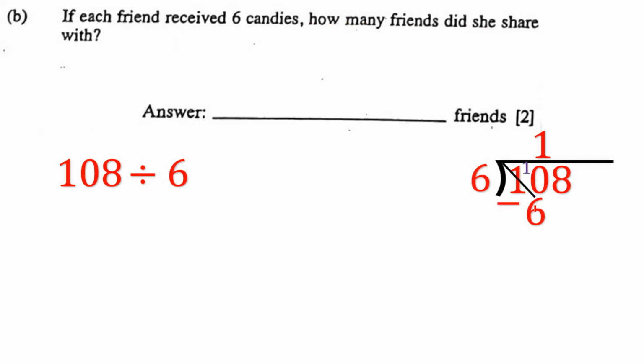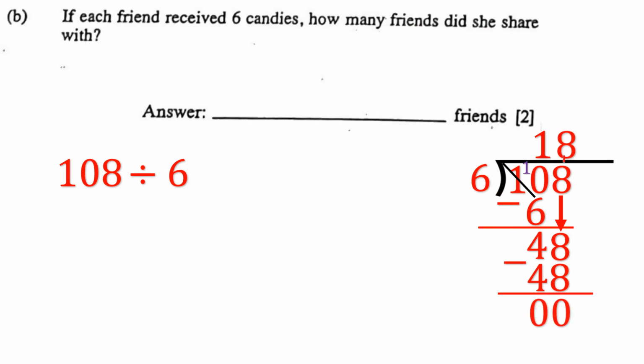And we know that 10 minus 6 is 4. We bring down the 8. And so how many times can 6 go into 48? Well, 6 goes into 48 8 times. 6 times 8 is 48. And so we subtract 48 minus 48. That's going to be 0. And so the answer here is 18.